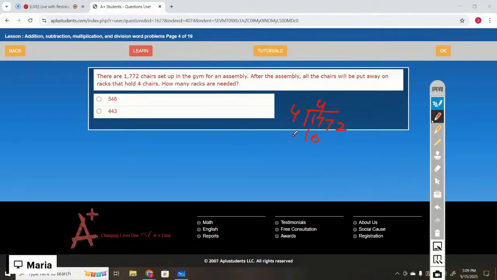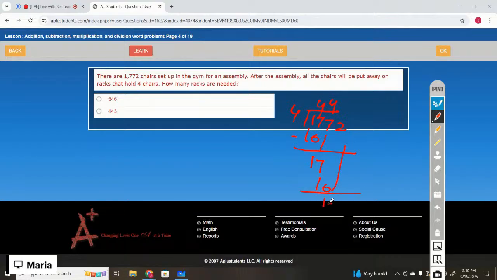We can go for 4 times 4 is 16. 7 take away 6 is 1. We need to bring the other 7 down. We can go for again 4 times 4, that is 16.